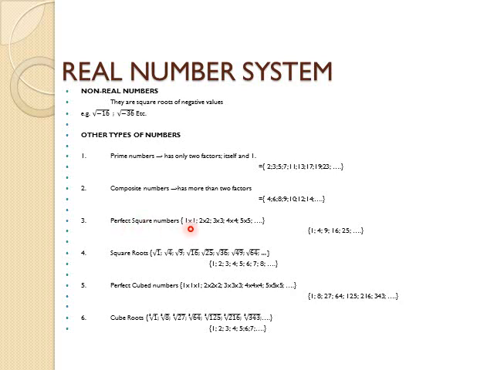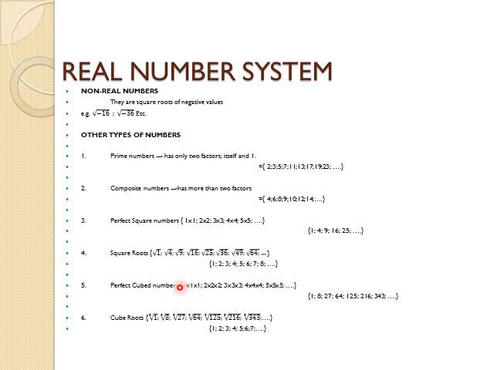So perfect squares: 1 times 1, 2 times 2, 3 times 3, etcetera, giving 1, 4, 9, 16, 25. As part of our work, we need to know up to 13 squared, which is 169. Square root is simply the reverse operation, so the square root of 1 is 1, of 4 is 2, of 36 is 6, etcetera.